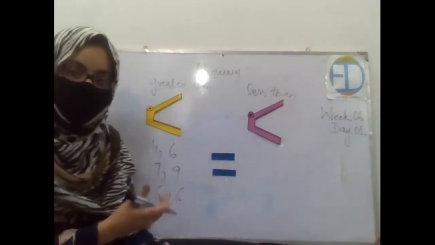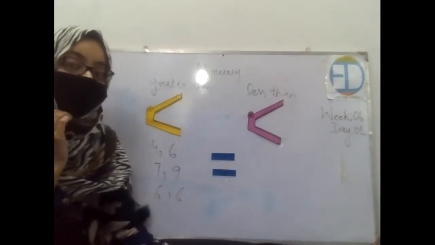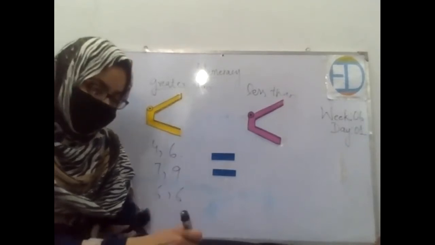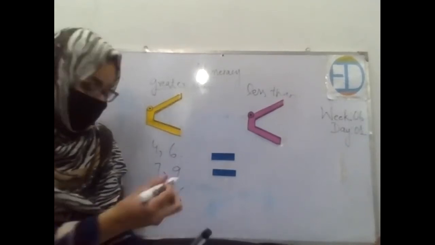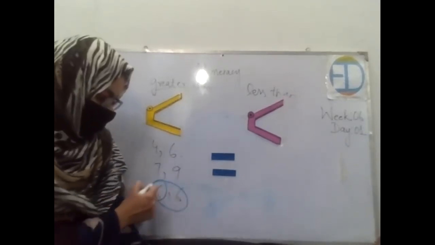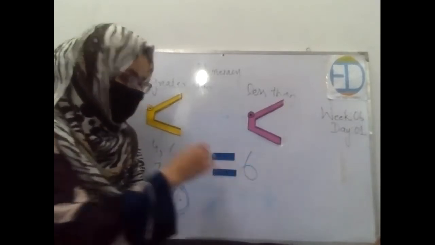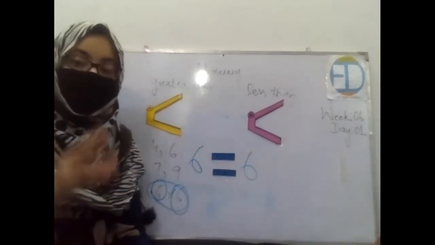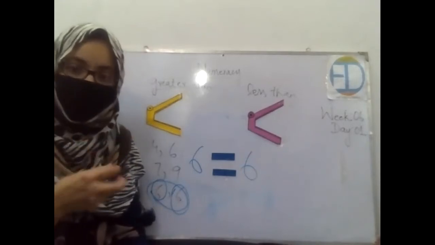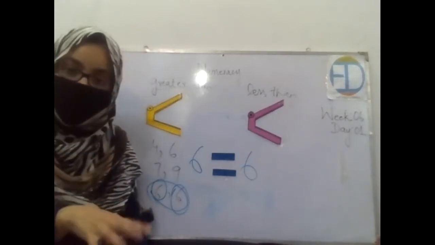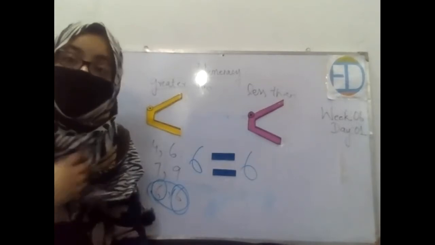If somebody asks you which pair is equal to each other? Excellent. 6 and 6 is equal to each other. How do you know this? That on both sides the numbers are the same. So you will write 6 over there and 6 over there. Got it? The numbers in a pair which are the same are considered to be equal to each other.